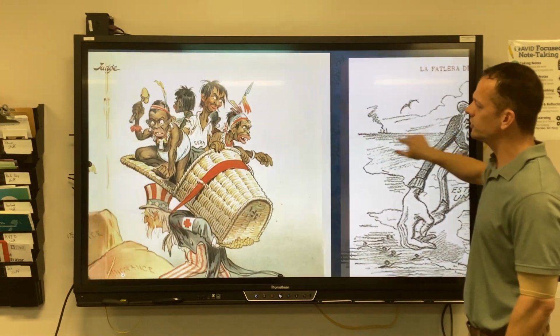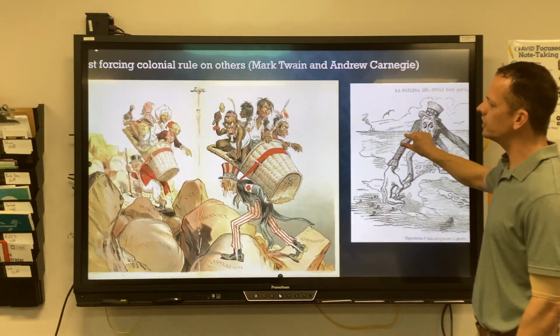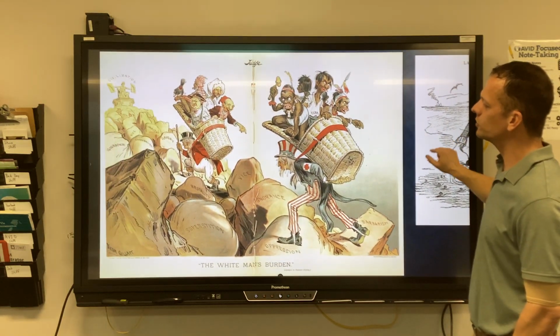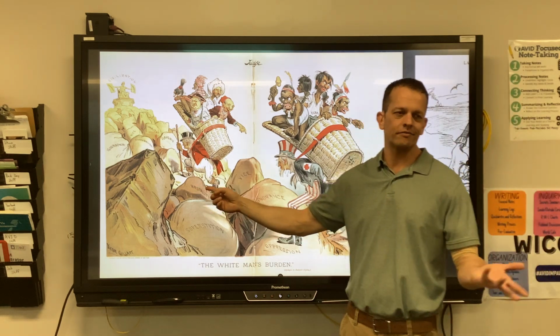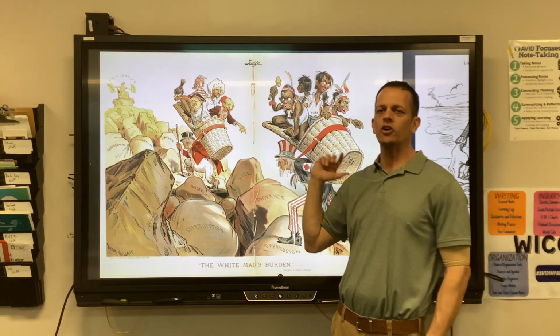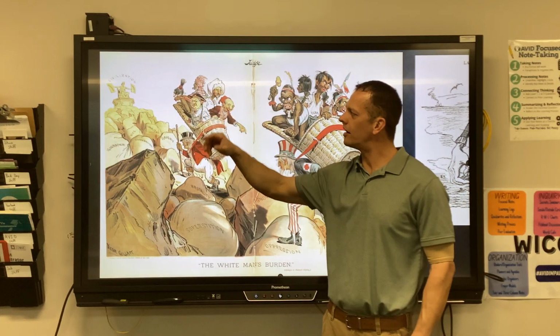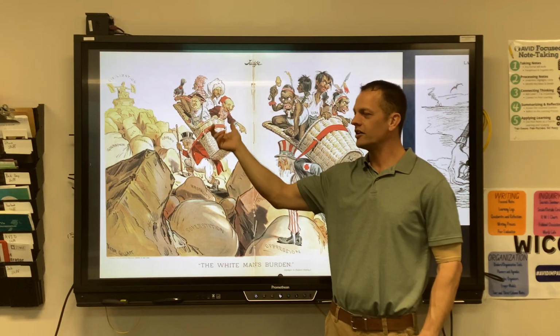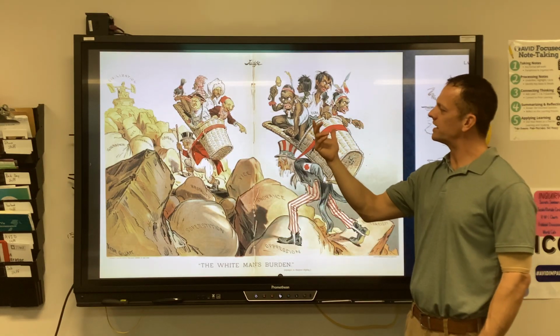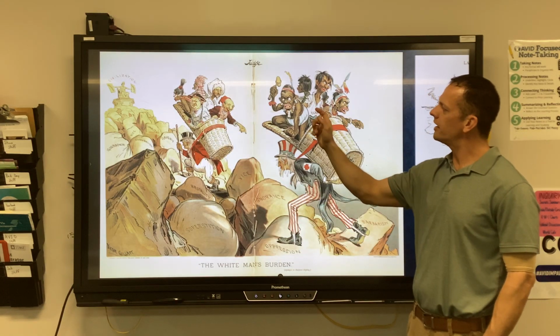This is an interesting one too. If you look at this one, we have Uncle Sam representing America. We have this fat guy, that's going to be British. They're each carrying a group of people. Britain's carrying India, Hong Kong, some other areas that they've conquered. The United States had these new places they've conquered: Cuba, Hawaii, Puerto Rico.